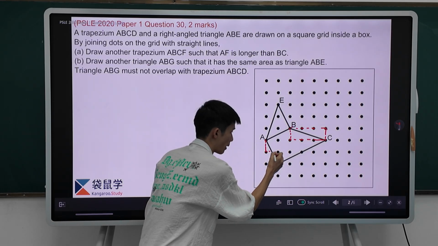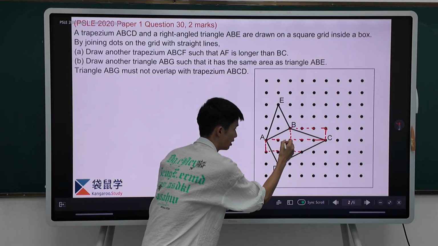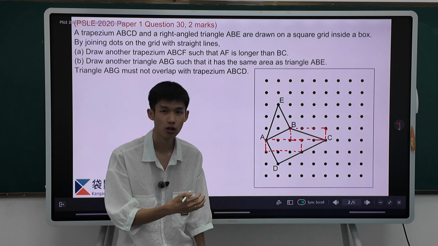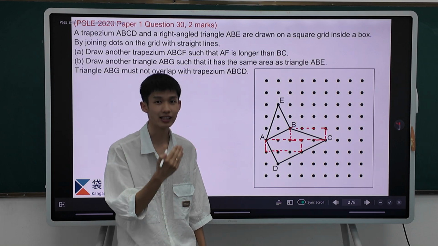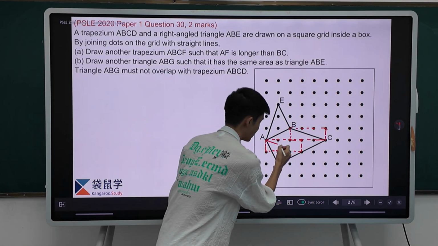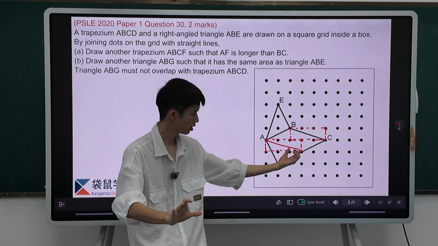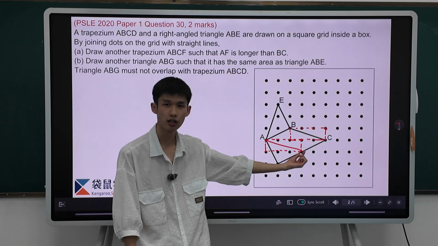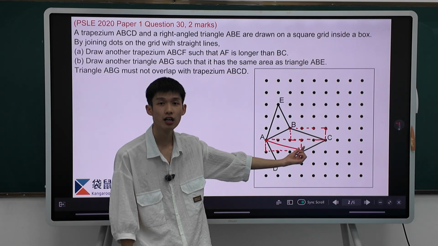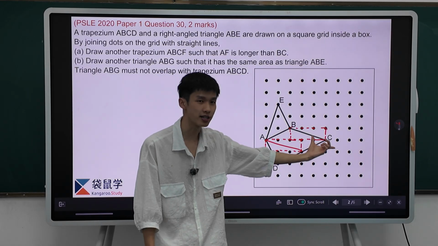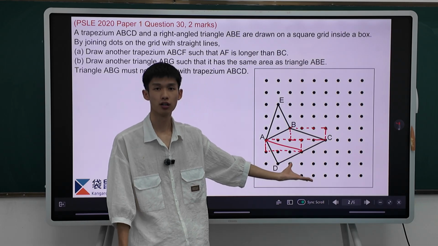So we draw a 1 by 3 rectangle, and then what should we connect? The diagonals. We connect the diagonal, but over here, stop. Does that point work? No, it's not, because AF should be longer than BC. Then what should we draw?